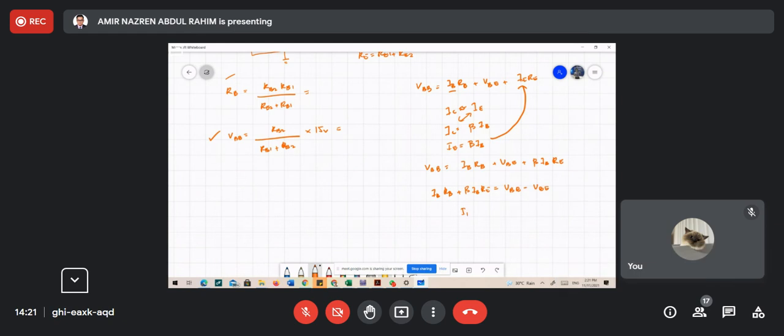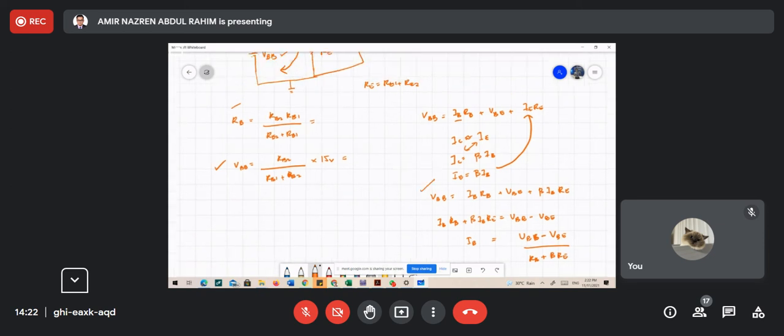then IB equal to VBB minus VBE over RB plus beta RE. Alright, VBB we got from here, the RB we got from here, VBE equal to 0.7.